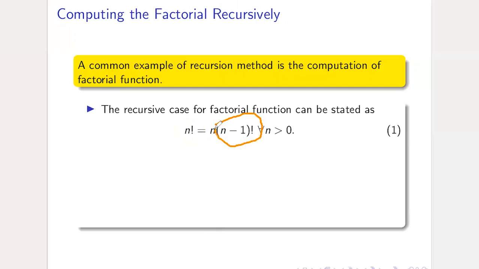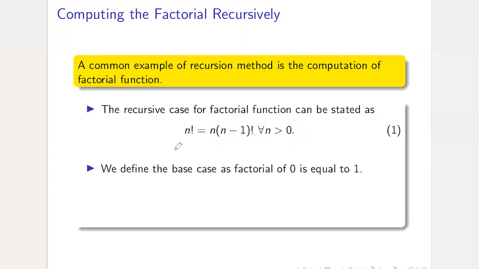Okay, so you can see here, this is a smaller version of the original problem. Original problem is compute the factorial of n. This is a smaller version, compute the factorial of n minus 1. Of course, we have the condition, this equation is valid for all n greater than 0.